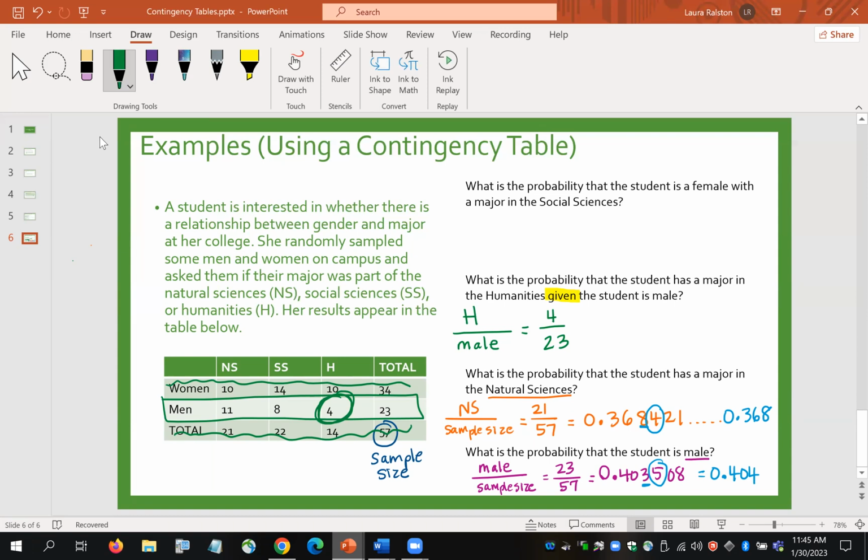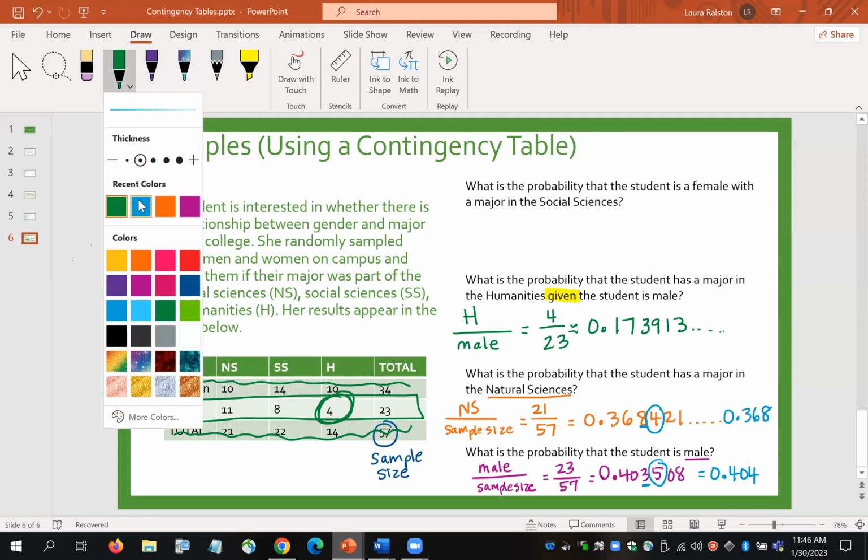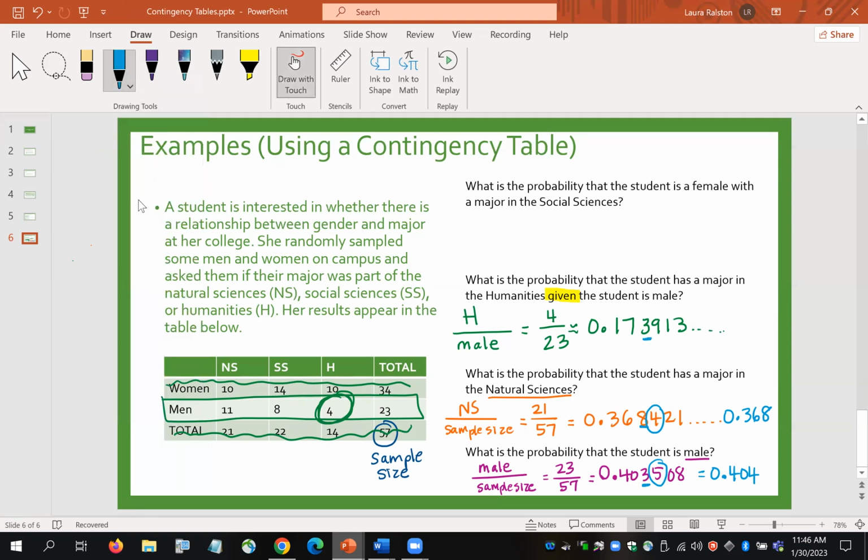So it's 4 divided by 23. I get 0.173913. Rounding, the 3rd place is a 3. There is a 9 next door, which bumps it. So it's 0.174.